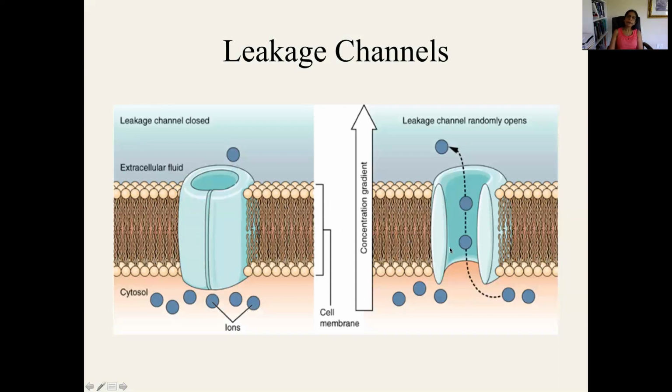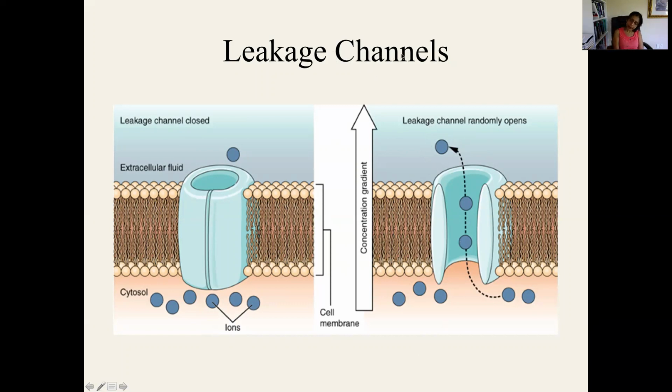Okay, so now you're talking about the concentration here being greater than here, and if this substance has to be moved to an area of a lesser concentration, the channel may randomly open and allow this substance to move to an area of a lesser concentration. That's when you call it a leakage channel.